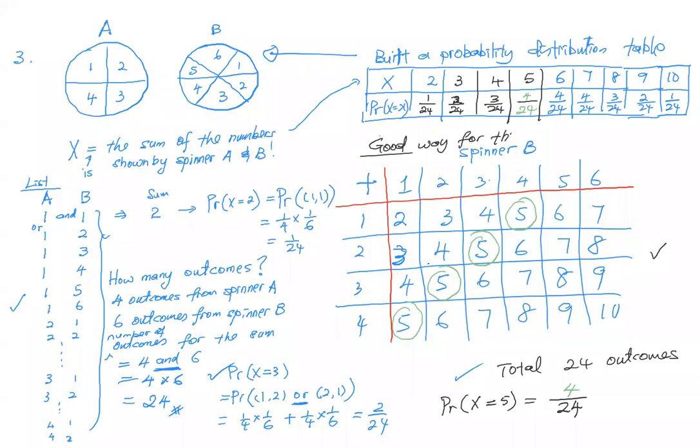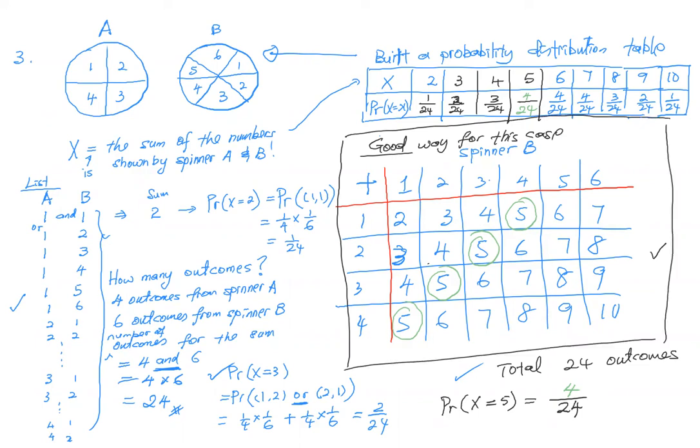I'm not saying for all. Faster way. So when you talk about statistics, you have to know which is a faster way, which is a better way for that situation.